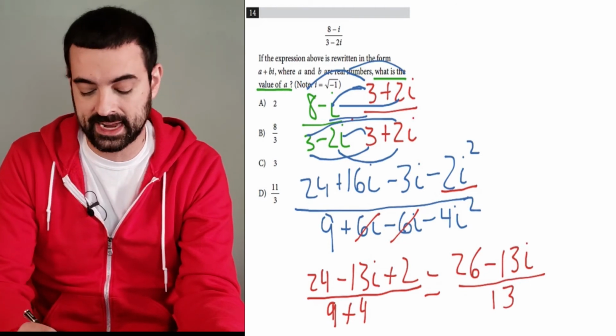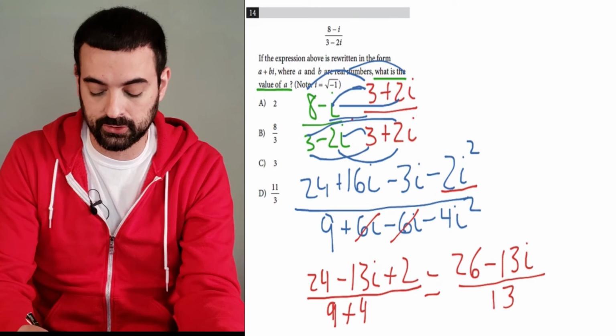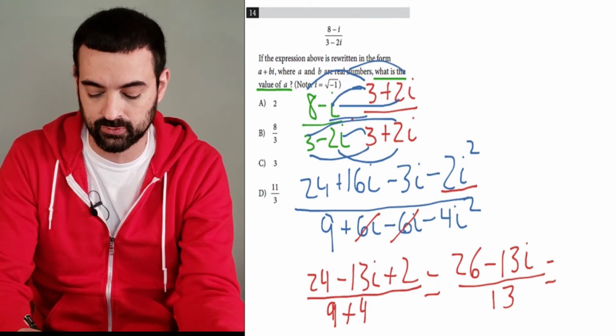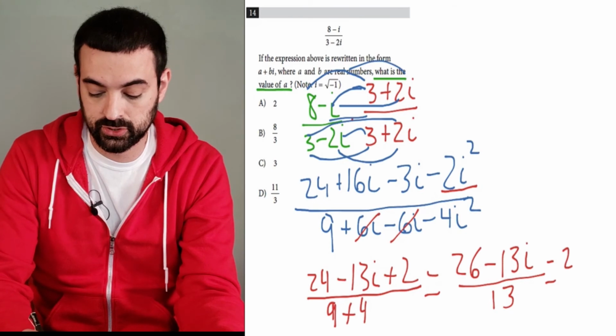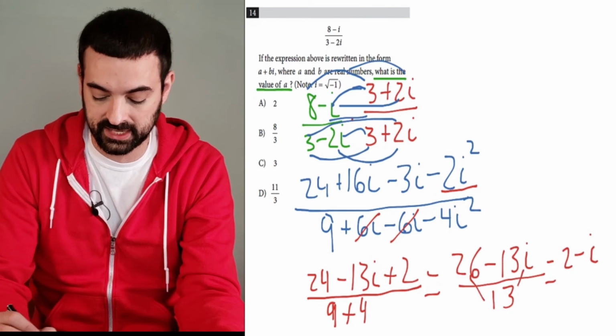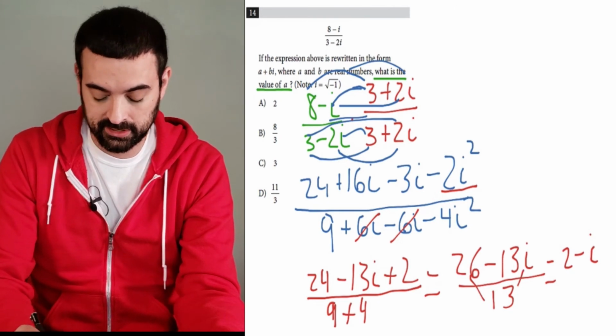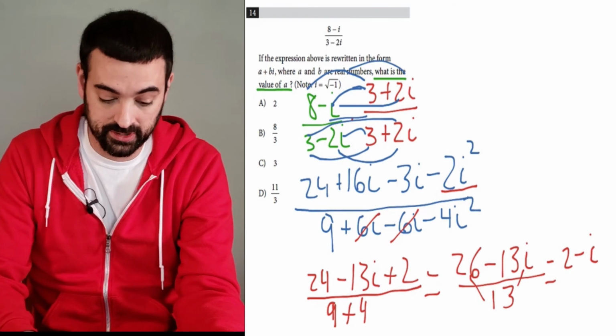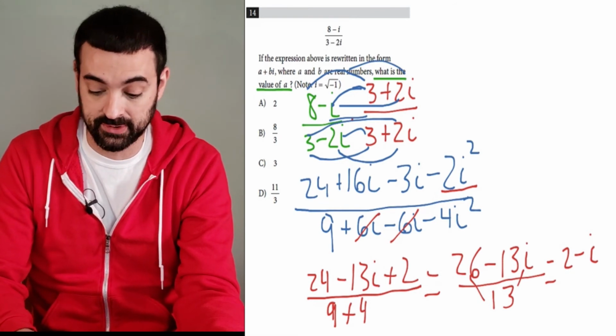Lastly, we can simplify this because 26 and 13 both contain 13 as a factor. So we can rewrite this as 2 minus i, right? 26 divided by 13 and negative 13i divided by 13. So in 2 minus i, we have a real term and we have an imaginary term.